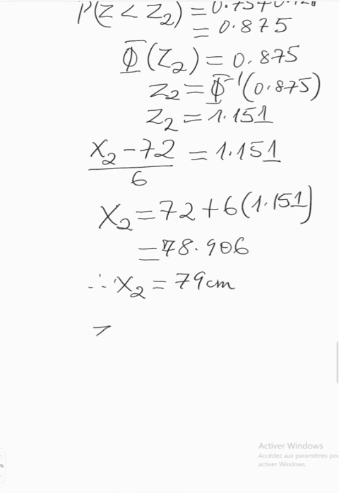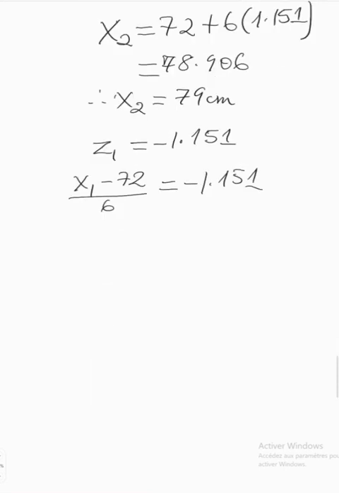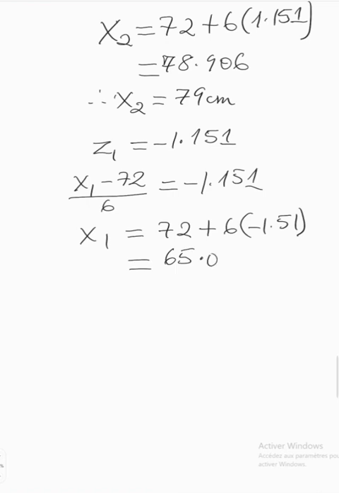Now in the case of z1, it lies the same distance to the left of 0, so it is the negative of the z2 that we had, so negative 1.151, and we are seeking to find its observation x1, which is the lower boundary of our range. x1 minus the mean 72, all over the standard deviation 6, corresponds to negative 1.151, so that upon making x1 the subject, x1 equals 72 plus 6 times negative 1.151, which upon simplification gives 65.094.